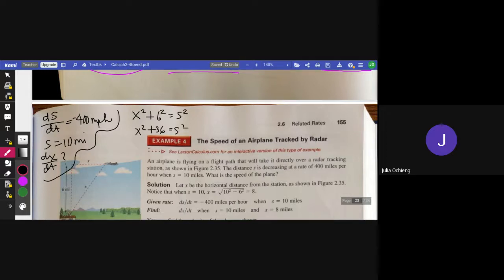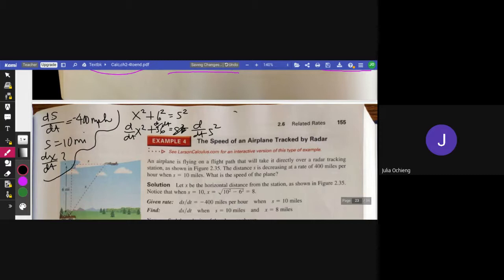And then I'm going to take the derivative of everything in terms of time. So d over dt of x squared plus d over dt of 36 equals d over dt of s squared. That one, I'm going to have to use the chain rule.